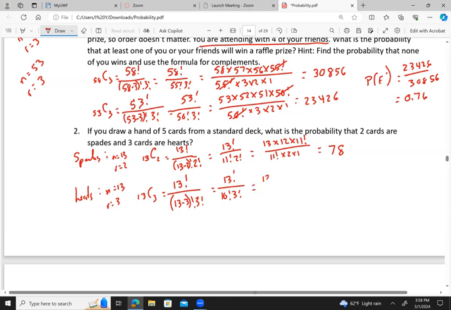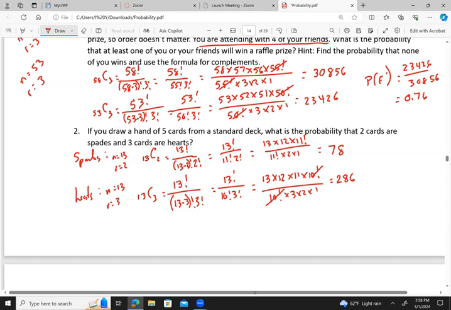Which gives me 13 times 12 times 11 times 10 factorial over 10 factorial times 3 times 2 times 1. The 10 factorials cancel out. And that leaves me with 286.